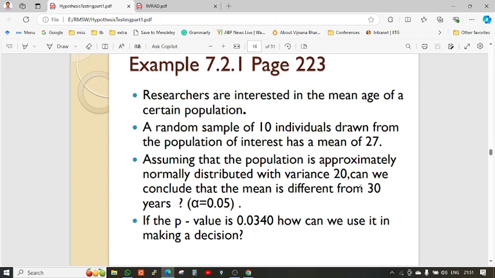Just try yourself, I give you 10 minutes. Take the significance level as 0.05 and the p value as 0.0340. Make a suitable null hypothesis and define it. After that, make a decision on the basis of your hypothesis and the acceptance value.